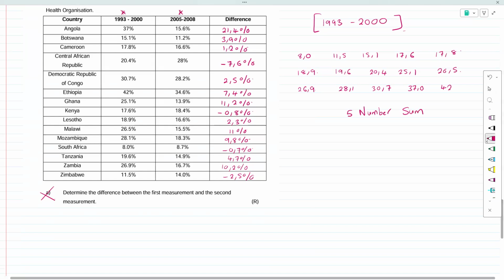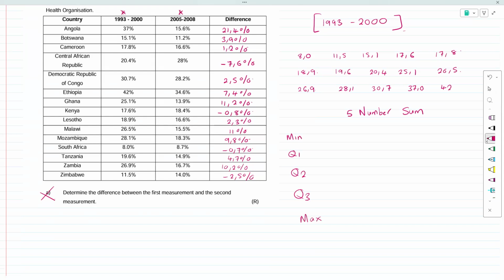For the 5-number summary, we need the minimum, quartile 1, quartile 2, quartile 3, and the maximum. The minimum is 8%. The maximum is 42%. That's not fine because this is underweight children, but the answer's fine.